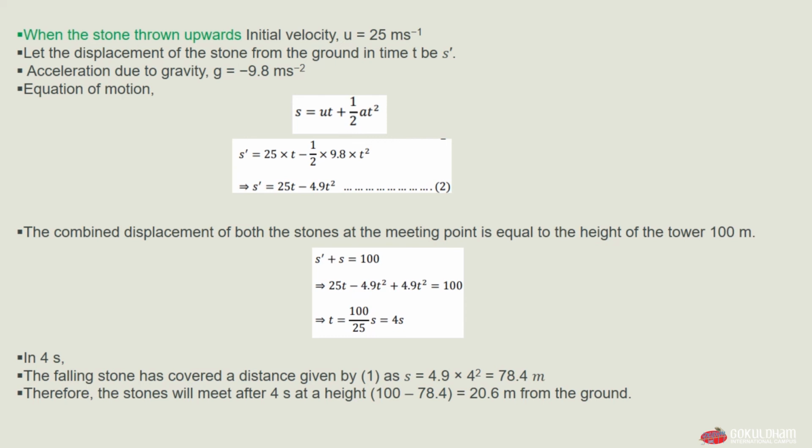And by substituting the values of s dash and s, we'll get 25t minus 4.9 t square plus 4.9 t square equals 100. Why do we get this? Because above we have minus 4.9 t square plus 4.9 t square, so they will cancel, and we'll have 25t is equal to 100.